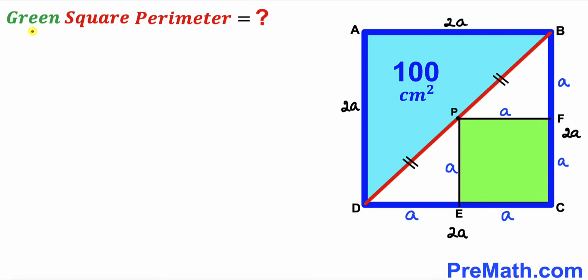And now since we are interested in calculating the perimeter of this green shaded square, and we know the perimeter is simply the sum of all these side lengths of this green shaded square, the green shaded square perimeter is going to be a plus a plus a plus a, which gives us 4 times a. And now our only task is to find the value of lowercase a before we could calculate the perimeter.